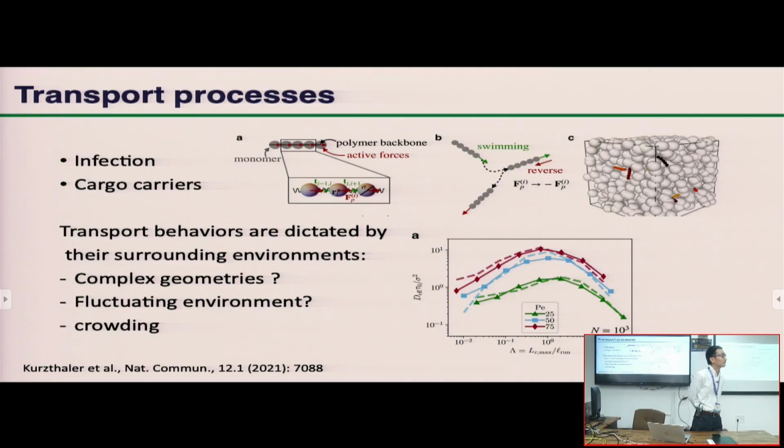Crowding, with different types of active particles. You can have other active ingredients there as well, in addition to passive ones. We can also have tracers with an active particle. We're thinking about applications, and what kind of applications are you thinking about?